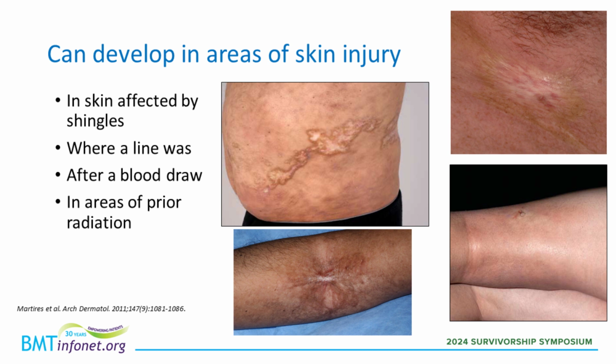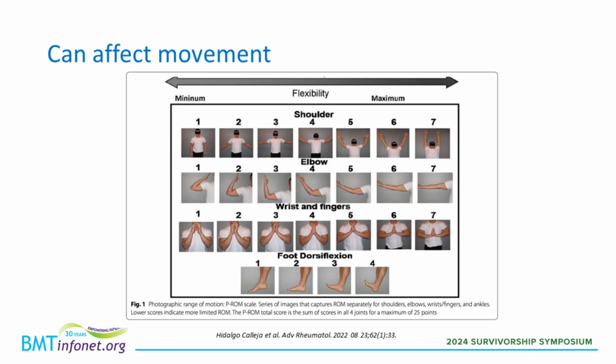So in skin that was affected by an infection like shingles, for example, or where there was a line in the skin, or where there was a blood draw. Any kind of puncture to the skin or injury, including, for example, prior radiation, we can sometimes see graft-versus-host disease gravitating to those areas of prior injury or new injury.